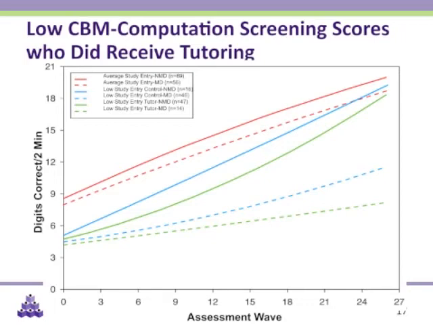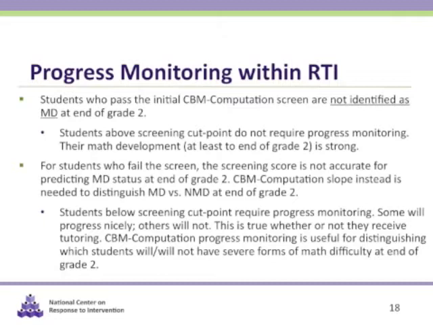And their first grade math development then corresponds well with how they look in terms of MD status at the end of second grade. And so students below the screening cut point require progress monitoring. Some of those students will progress nicely and others will not. And this is true whether or not they receive tutoring. So CBM computation progress monitoring is useful for distinguishing which students will and will not have severe forms of math difficulty at the end of second grade.